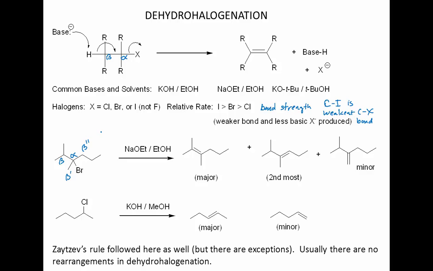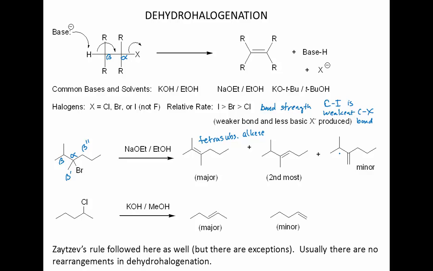All of those carbons that I've labeled beta have hydrogens on them. So any of them could potentially give rise to an alkene at that place, okay? And our major product here is this one, which is the tetrasubstituted alkene. The second most is the trisubstituted, and the least is the disubstituted alkene.